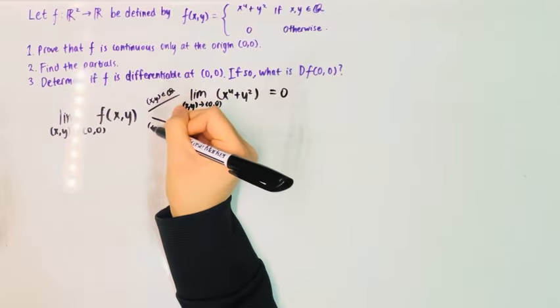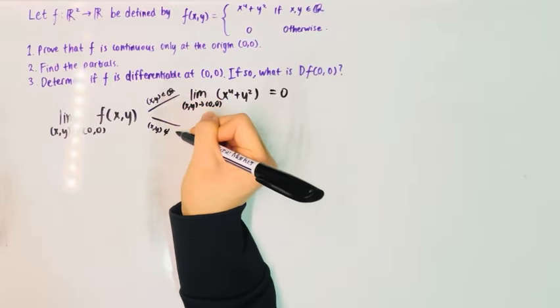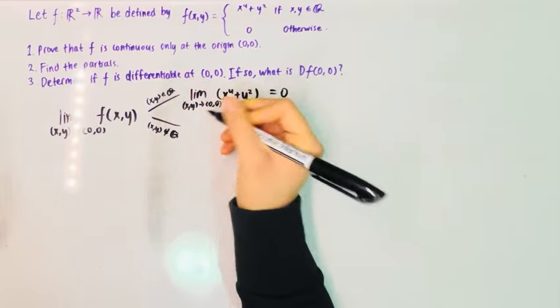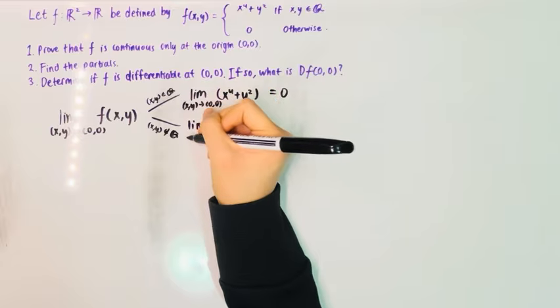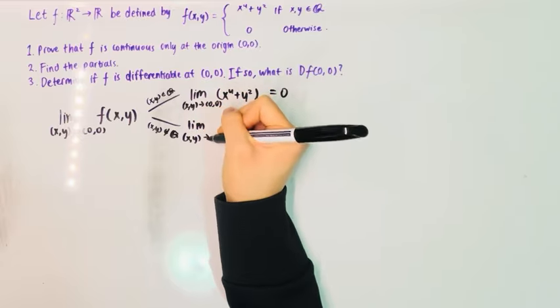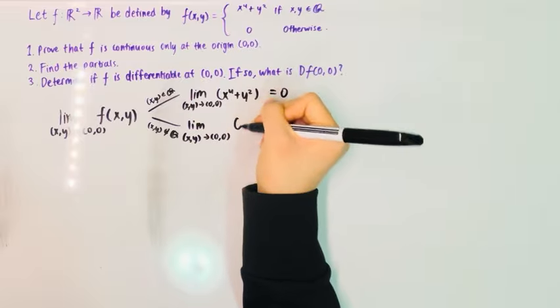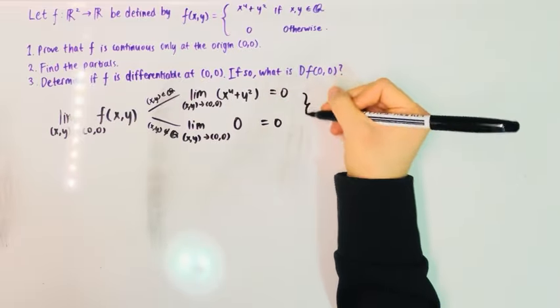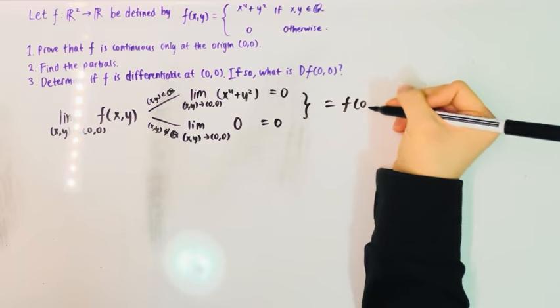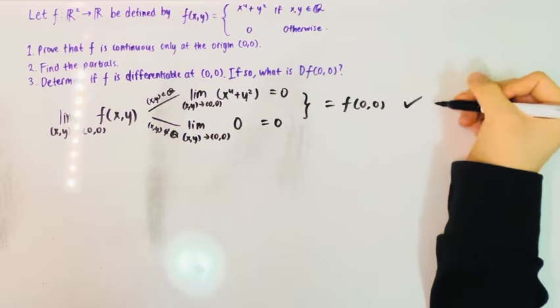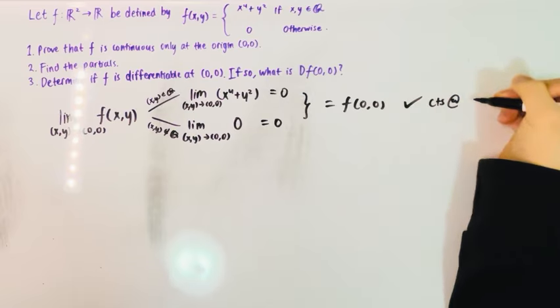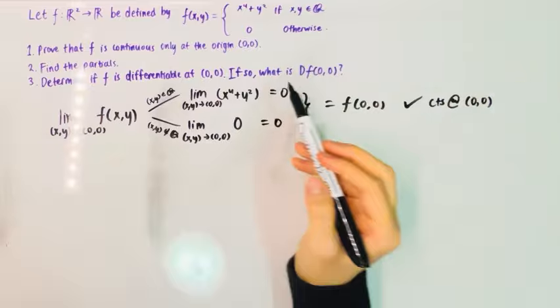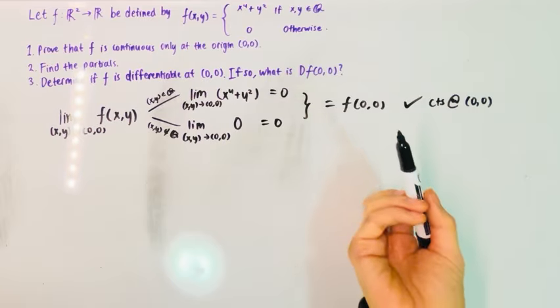In the case that (x, y) is not rational, we have this otherwise case, and that's equal to 0. Both of these are equal to f(0, 0), so it's continuous at (0, 0).